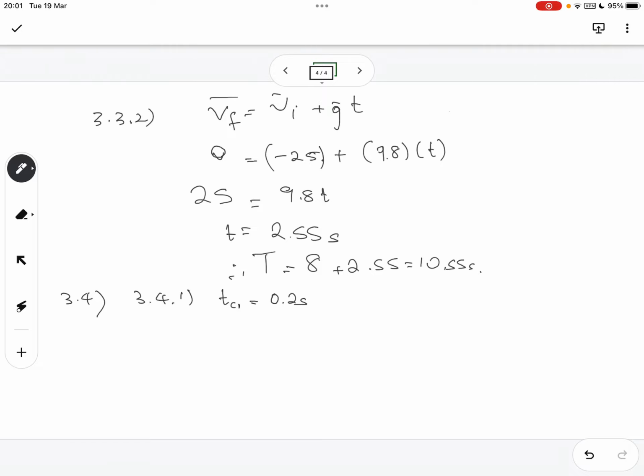And then the time at which the ball reaches its maximum height after the first bounce, that's the one, is 4.955 seconds.